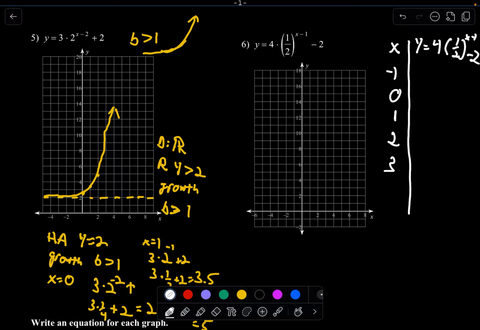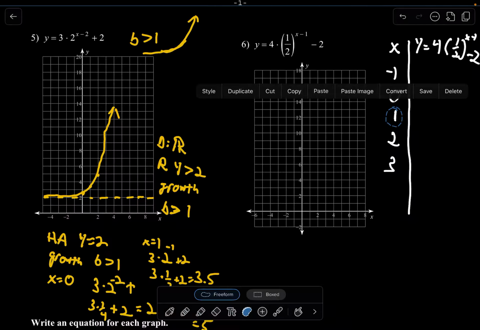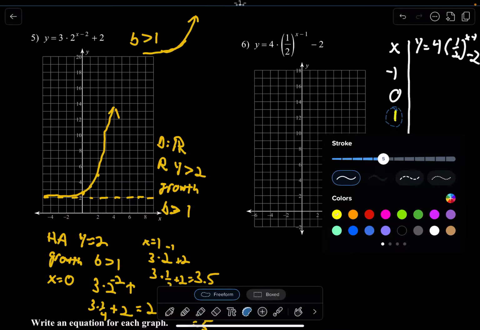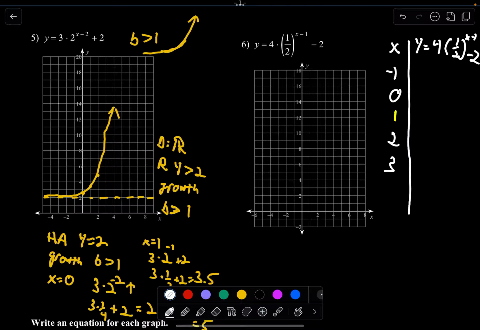Okay, so if we make it centered around 1, this will be my centering point, if you will. And then our equation becomes y equals 4 times 1/2 to the 0 power, if we put 1 in, minus 2.